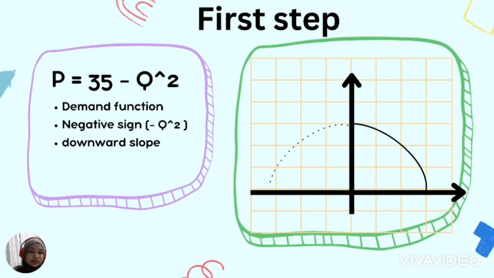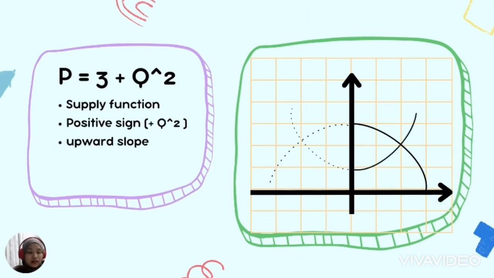Since the first function is a demand function, there is a negative sign of the coefficient Q power of 2, so the shape of the slope is a downward slope. The second function is a supply function, which has a positive sign of the coefficient Q power of 2, so the shape of the slope should be an upward slope.